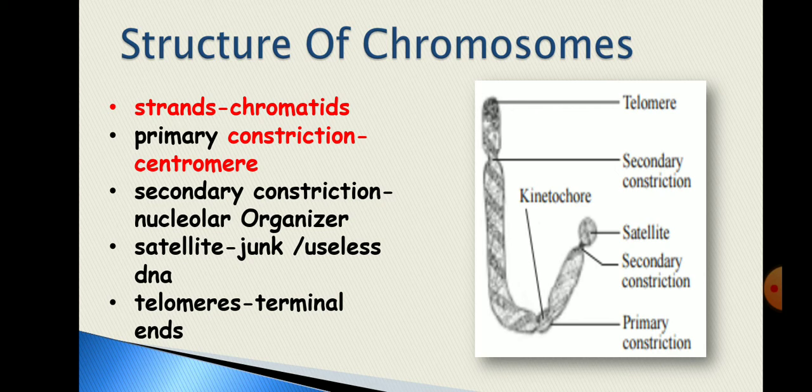Now, if this secondary constriction is near one end of the chromosome, the part of the chromosome beyond this secondary constriction forms a knob-like structure, and this knob-like structure is termed as the satellite. It consists of the useless DNA.